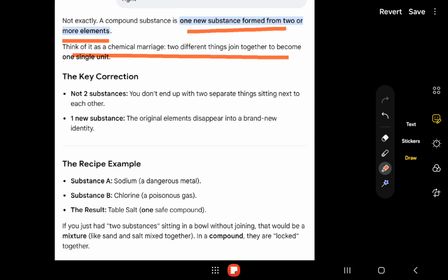Read it by yourself. Two different things join together to become one single unit. This is the meaning of compound substance. When two or more elements combine, one new substance is formed.